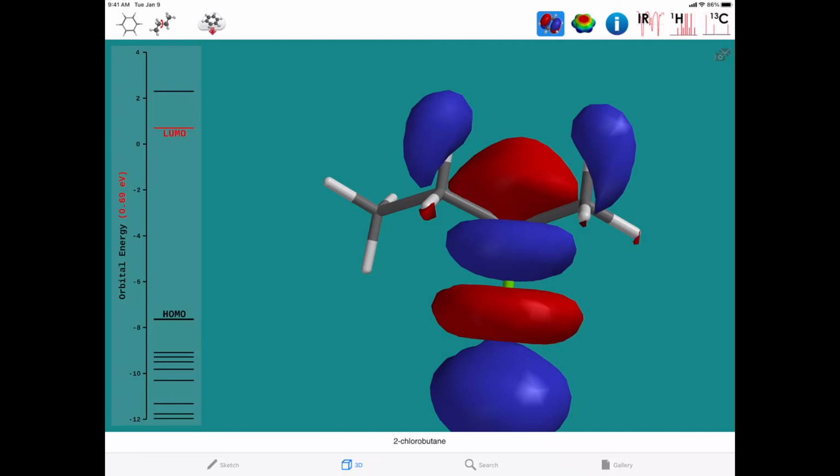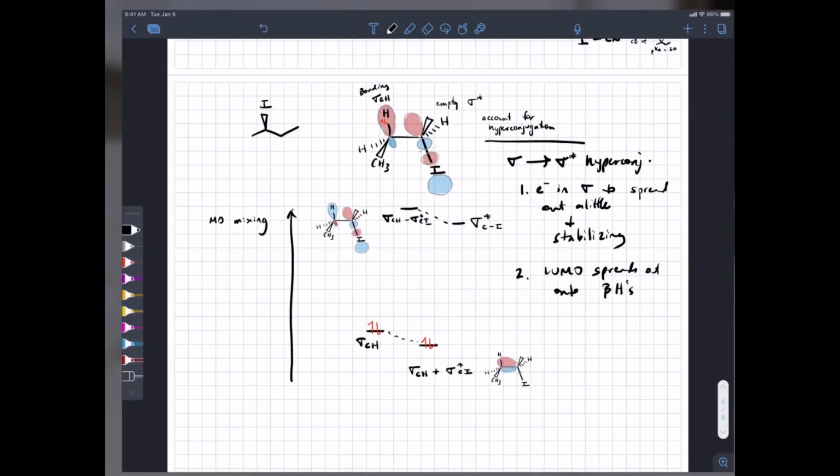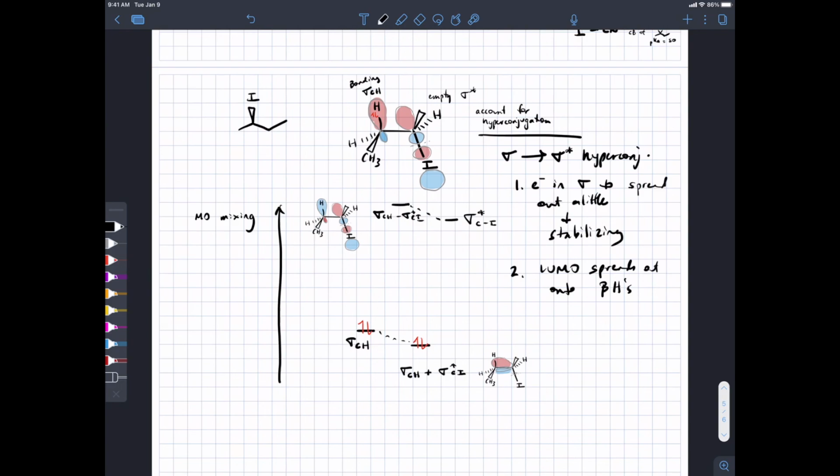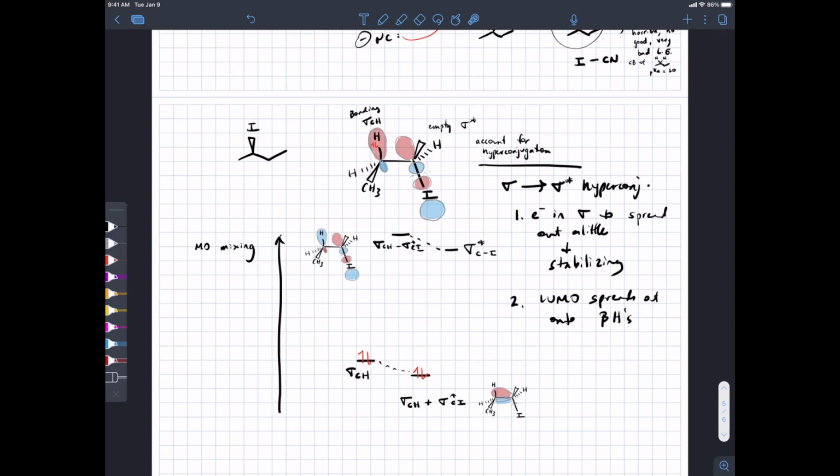So with the ideas we developed from the beginning with valence bond theory, and then the idea of antibonding orbitals, and now finally the idea of hyperconjugation, we're qualitatively coming to the conclusions that calculations give us. And this gives us a lot of predictive power. So yeah, the consequences are the molecule's a bit more stable, but the beta proton has some LUMO on it.